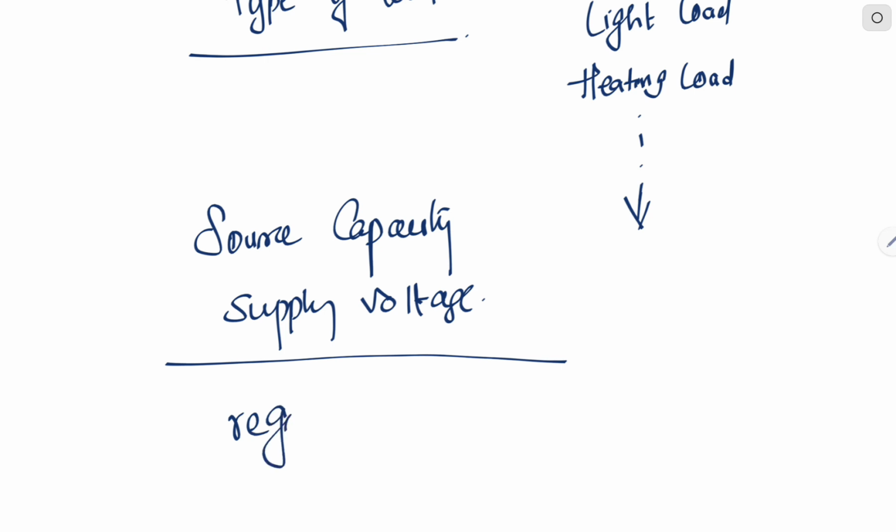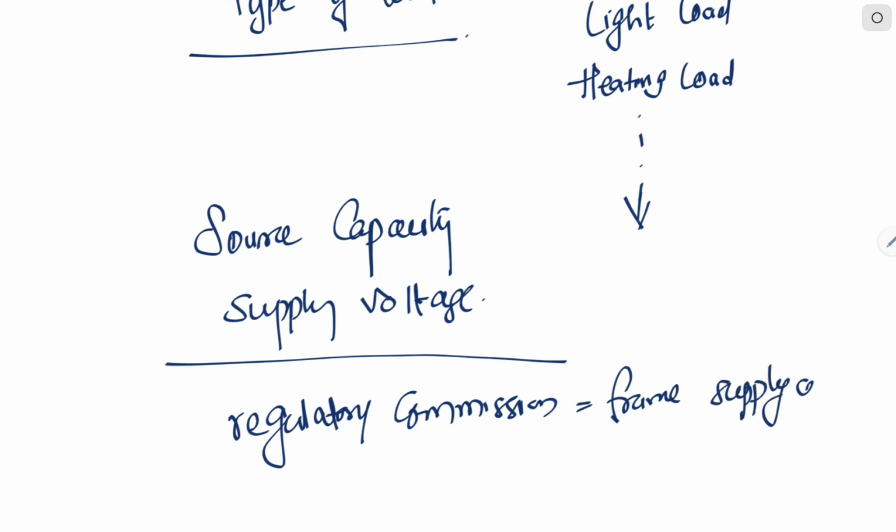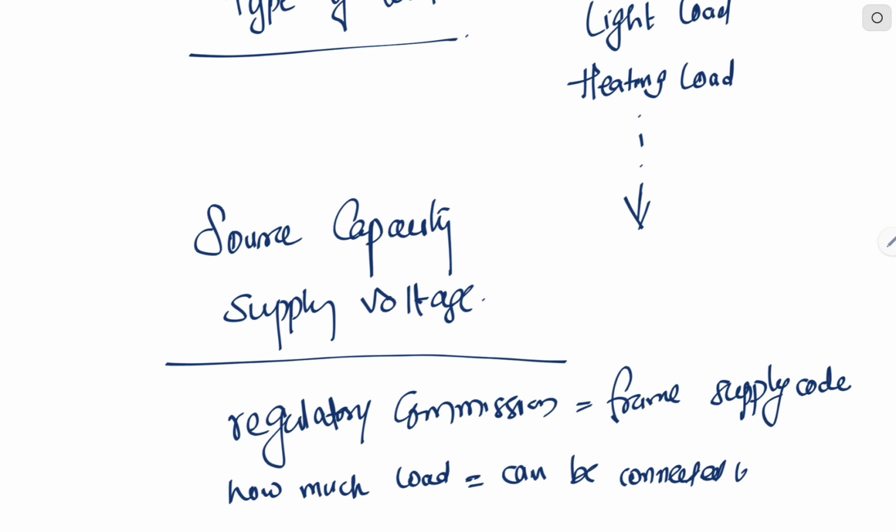So the regulatory commission frames the supply code. Based on this, we know how much load can be connected to a particular voltage.